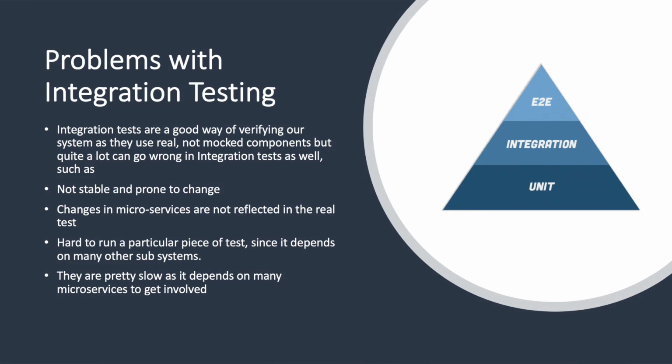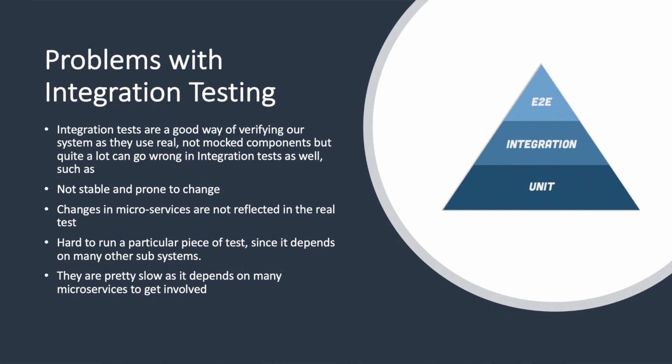So the integration testing layer, as you know, is very good at verifying our system, as they are real, not mocked components. But quite a lot can go wrong in integration testing as well, because it's not stable and it can be prone to many different problems.